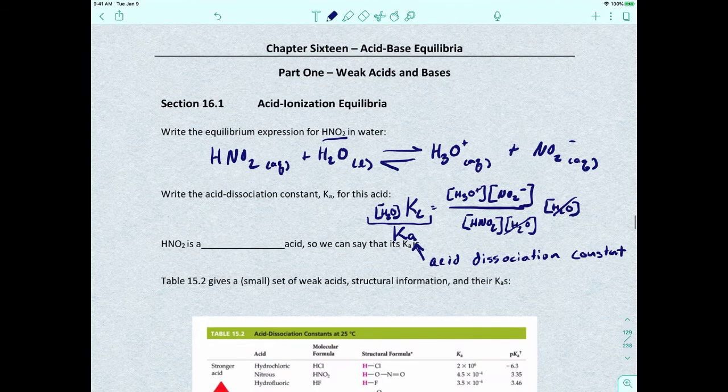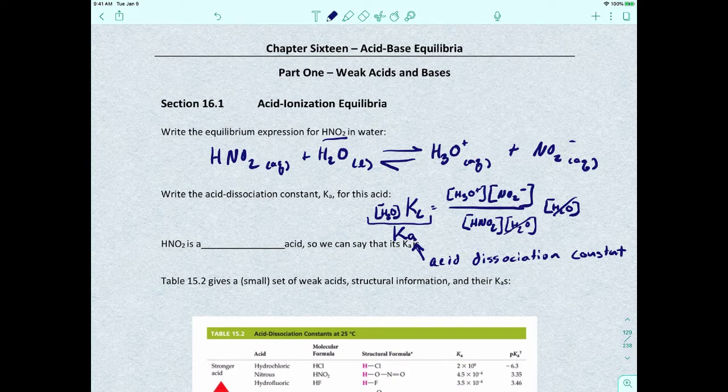Going forward, when we're talking about acids and bases, we're going to express everything in terms of Ka, the acid dissociation constant, as well as Kb, the base dissociation constant, or acid ionization constant and base ionization constant.